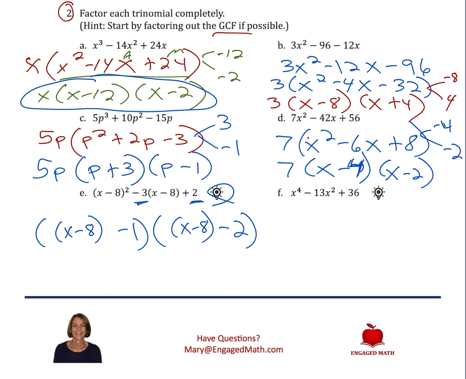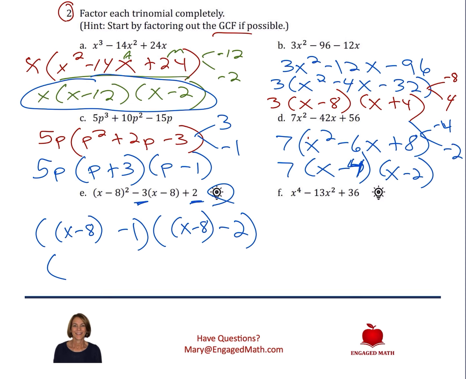If you were to multiply this out, you would actually get the quantity x minus 8 squared, check. Then you'd get minus 2 of these and then minus 1 of these, which gives you negative 3 times the quantity x minus 8, and then plus 2. So we have really shown that these two parentheses are the factored form of E.